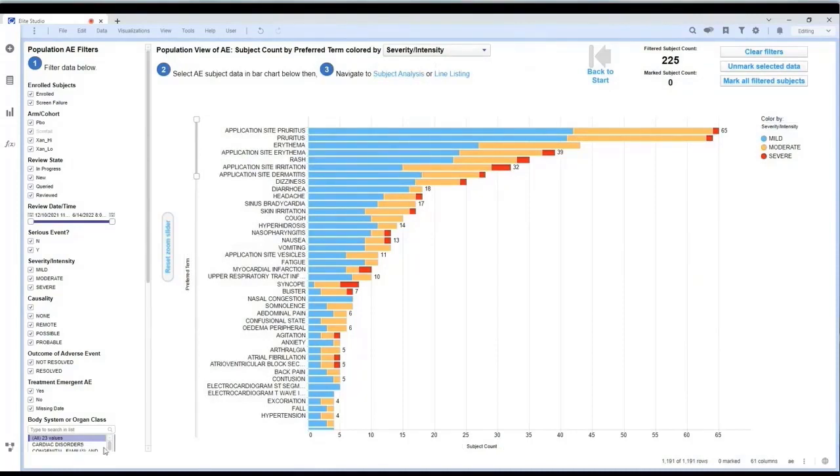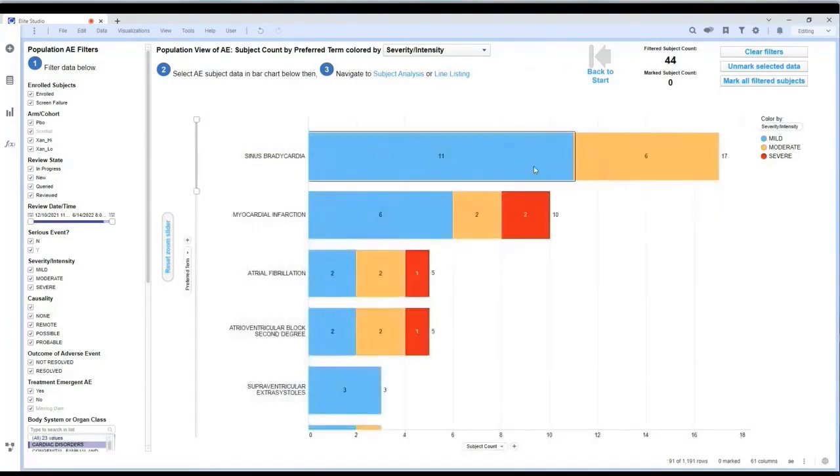I have a choice of organ classes I can focus on. So let me look at cardiac disorders. I'm concerned about cardiac disorders. Again, this is a dermatology drug. We shouldn't expect cardiac disorders that are related to drug treatment. And so we're clearly concerned if those are emerging.